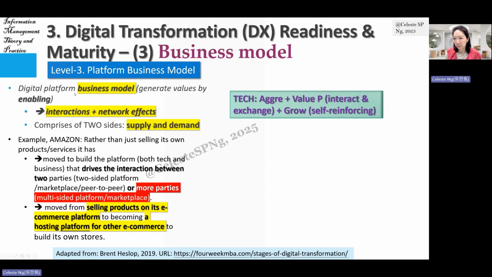And this platform is able to grow by itself, and that's why we come across the term self-reinforcing.